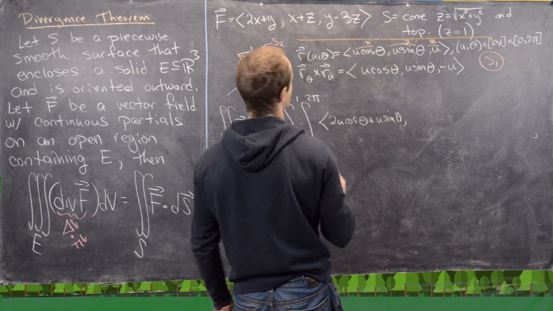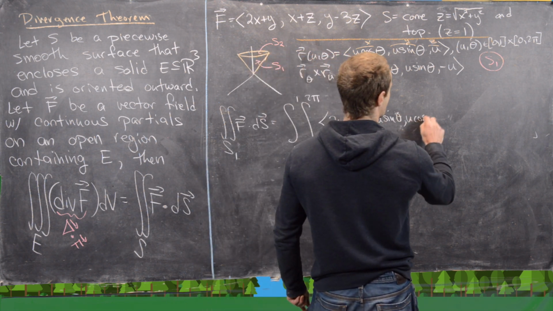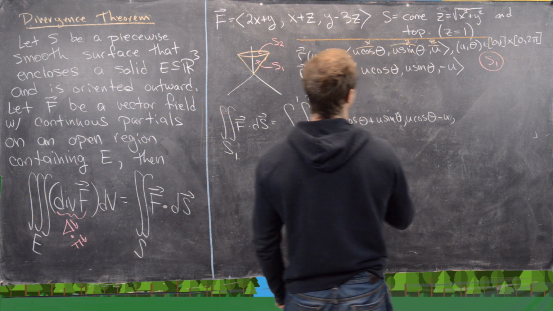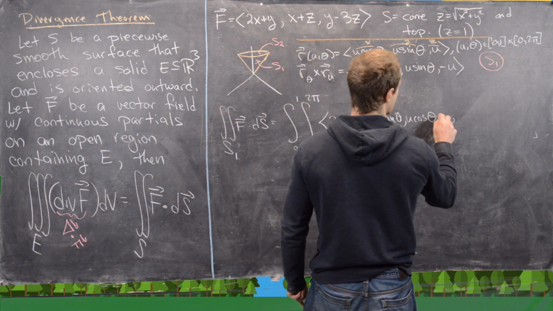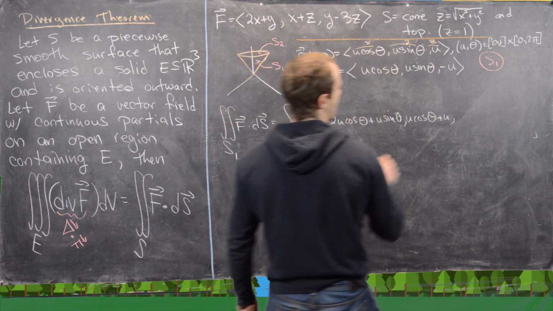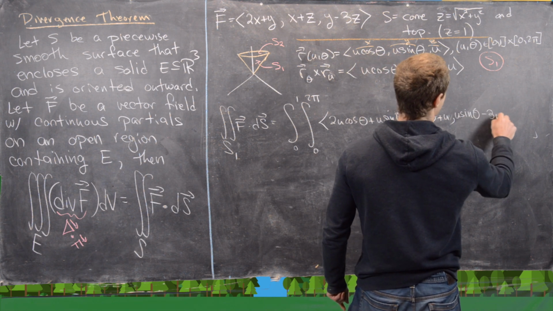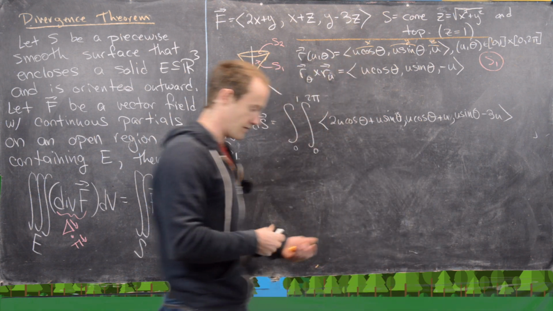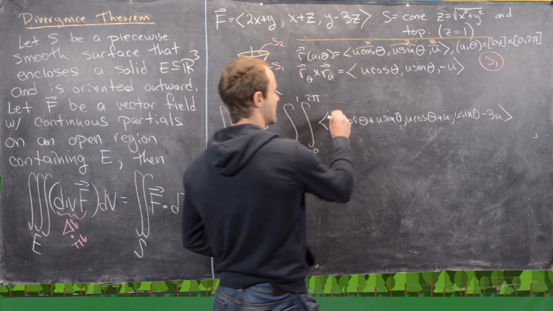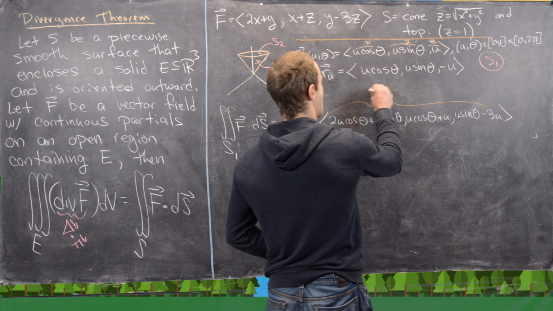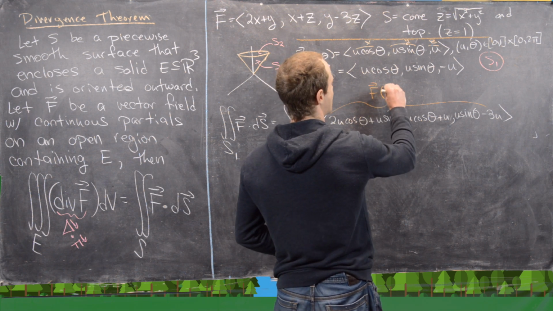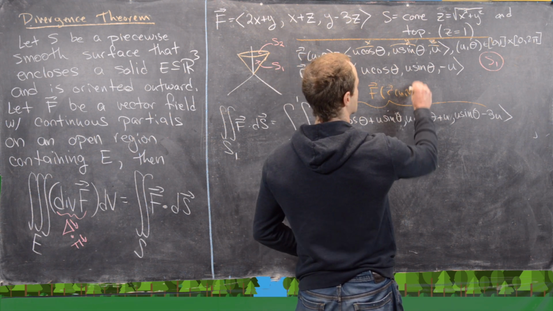So that's my first component. And then I have u cos theta minus u, that plus u. That's my second component. And now I have u sine theta minus 3u. That's my third component.